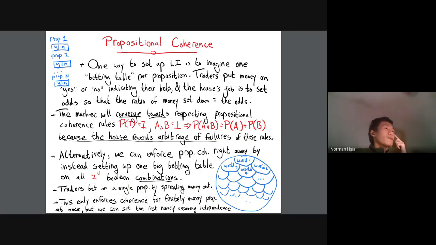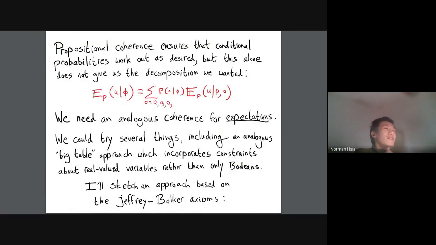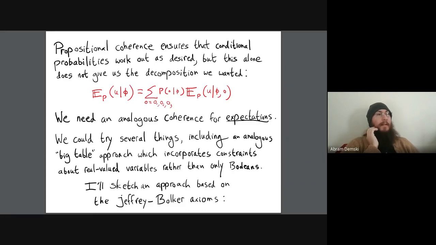All right, shall we continue? Propositional coherence, basically I think of it as letting you work with conditional probabilities without worrying too much about them doing something funny, because the "and" is working as expected in the conditional probabilities.